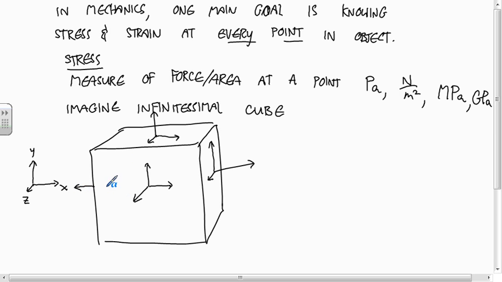Okay? And over here, if on the positive x face, you have a component of the load going up, then you have to have an equal and opposite component going down. And same with this, you have to have an equal and opposite component going this way. And that has to be true on all of these negative faces. Okay.